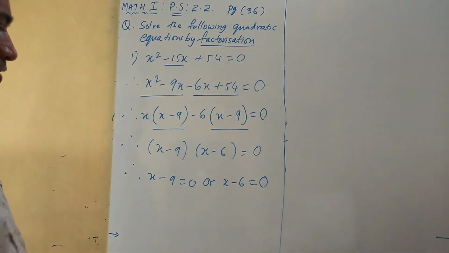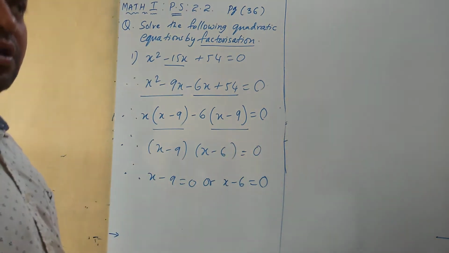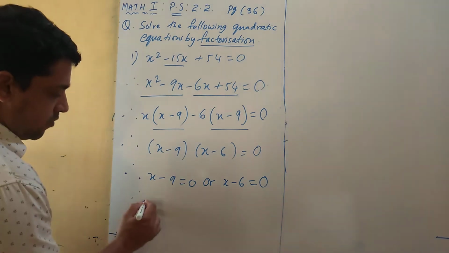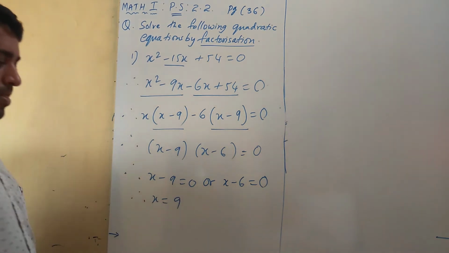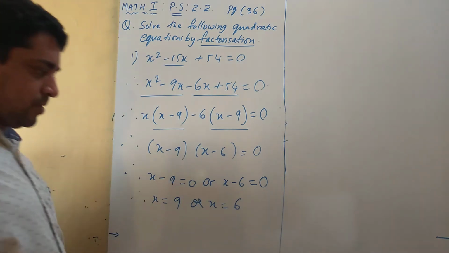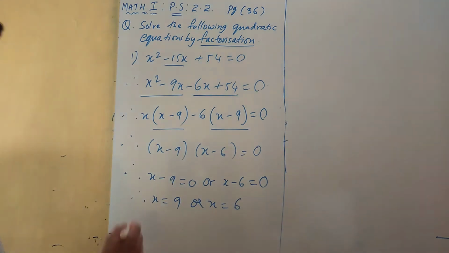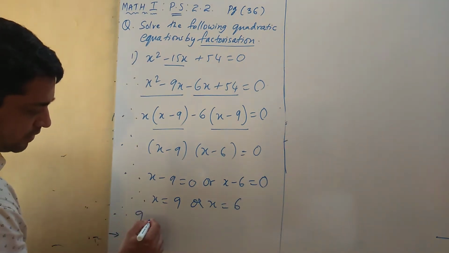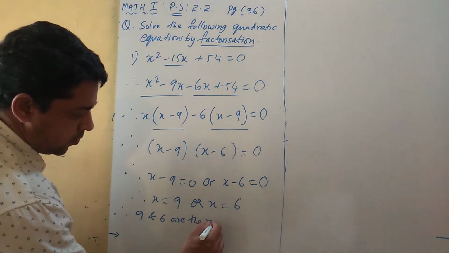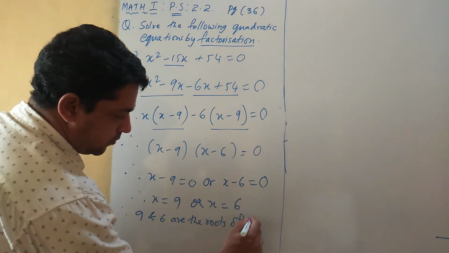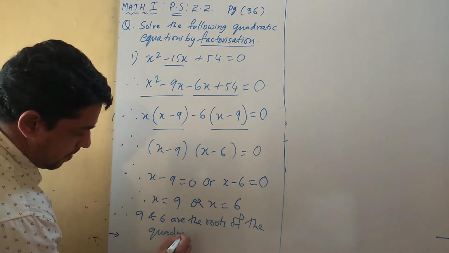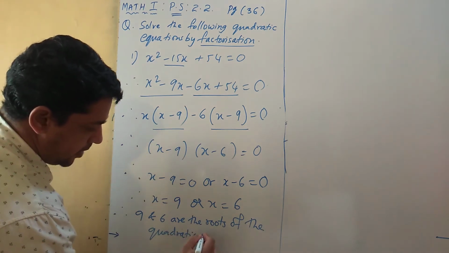So what is the actual solution? Now this is a linear equation in one variable, okay, you got a linear equation here. So therefore x is equal to 9 or x is equal to 6. So you got the answer, that is therefore 9 and 6 are the roots of the quadratic equation.